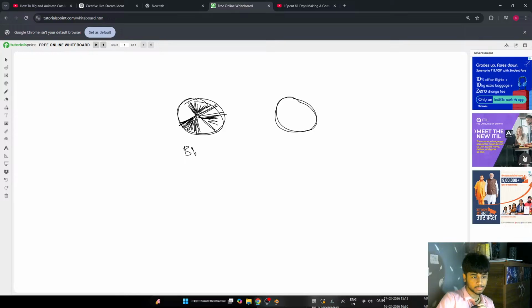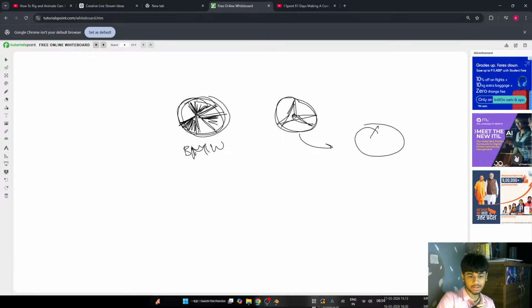Just assume it's BMW's logo, and this logo is of Mercedes. You know what kind of marketing they did? They just took the Mercedes logo and kept it stationary, and they said it is slow.